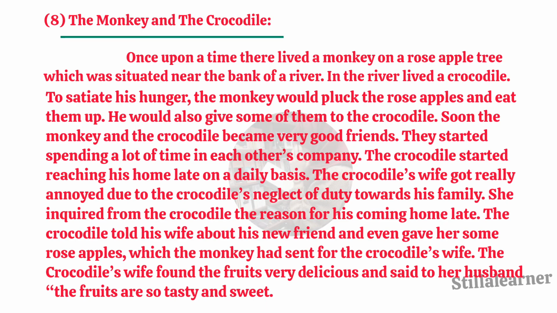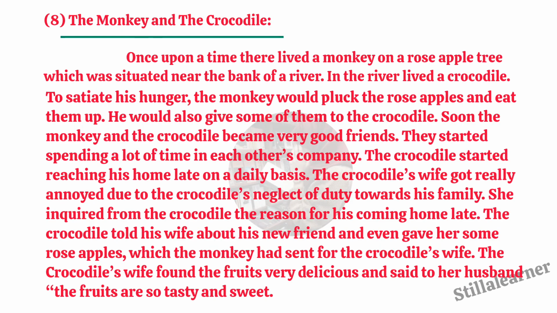The crocodile's wife got really annoyed due to the crocodile's neglect of duty towards his family. She inquired from the crocodile the reason for his coming home late. The crocodile told his wife about his new friend and even gave her some rose apples which the monkey had sent for the crocodile's wife.